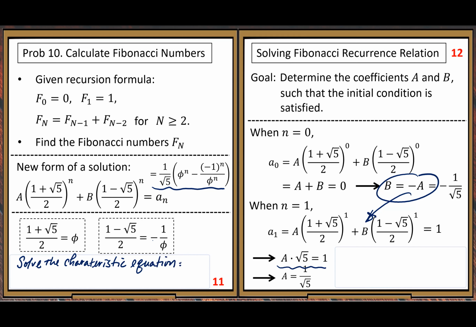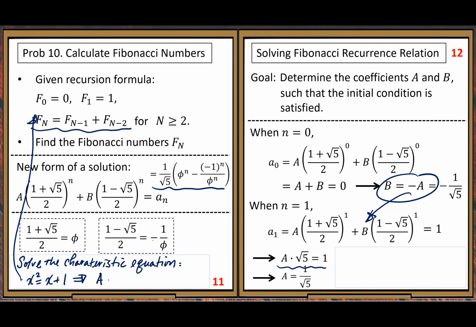For the given recurrence relation, you can use x. Now, you do not have to use t. The characteristic equation here is x squared equals x plus 1. When you start, you solve this equation. So you have two solutions.